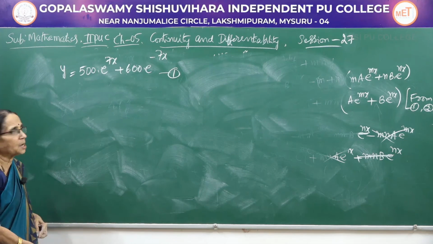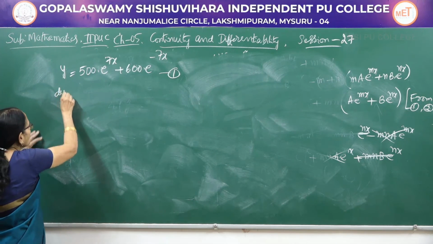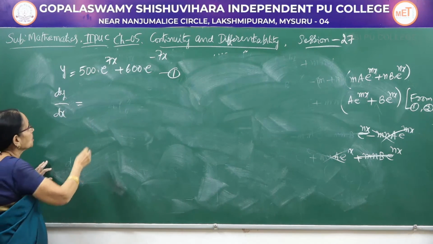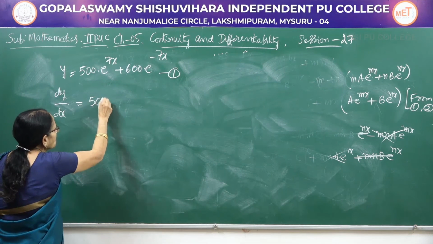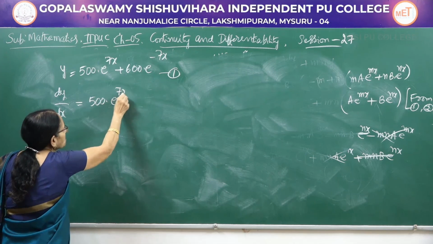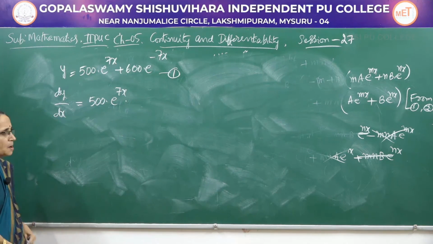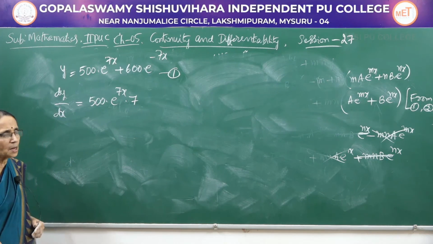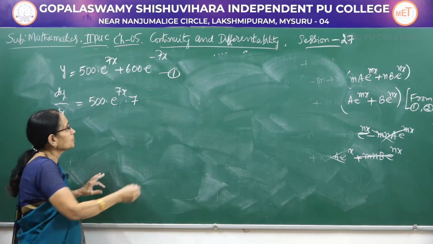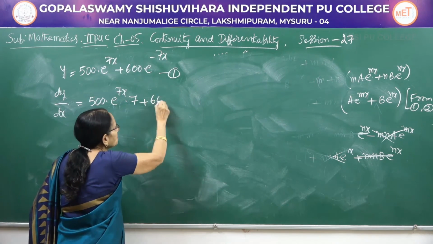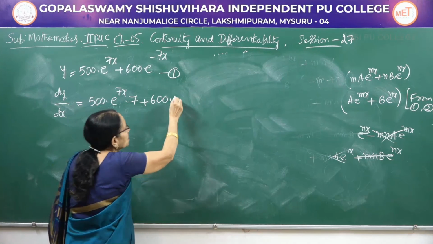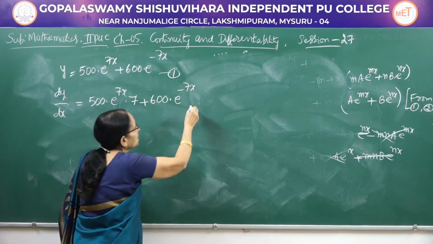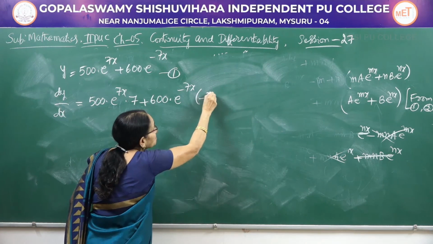Now, let me differentiate once, that is dy by dx. dy by dx would be equal to 500 into e to the power 7x into 7, correct? For 7x it is 7 because it is a composite function, plus 600 into e to the power minus 7x into minus 7.